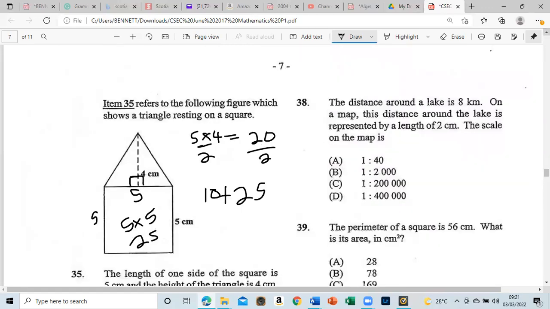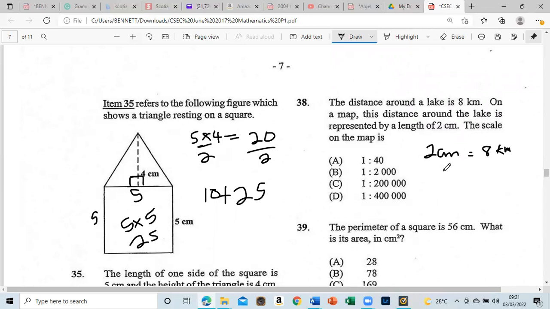The distance around the lake is 8 kilometers on the map. This distance around the lake is represented by 2 centimeters. So basically they are saying 2 centimeters represent 8 kilometers. Notice the difference in unit, right?